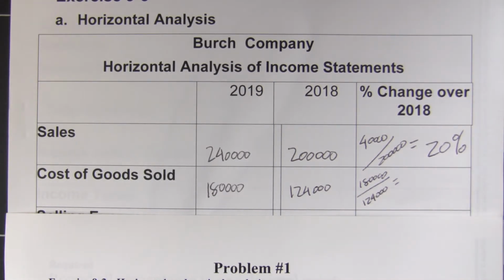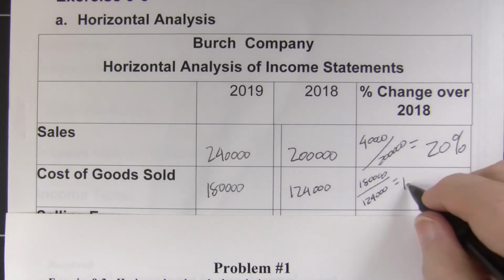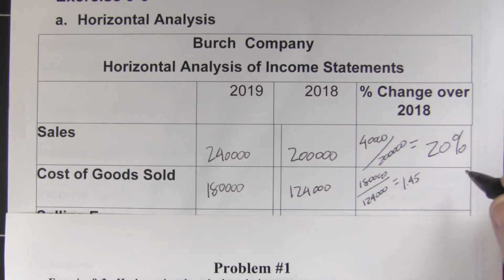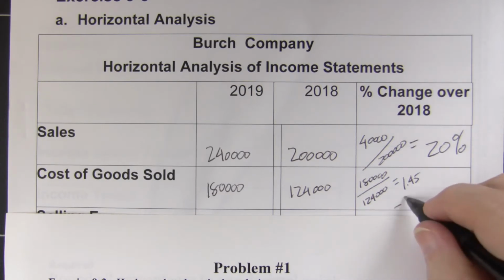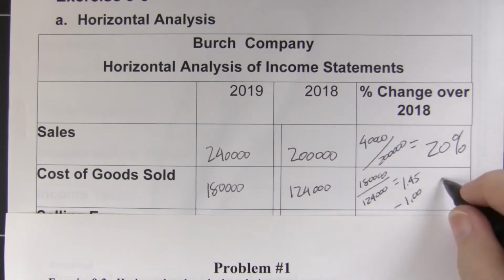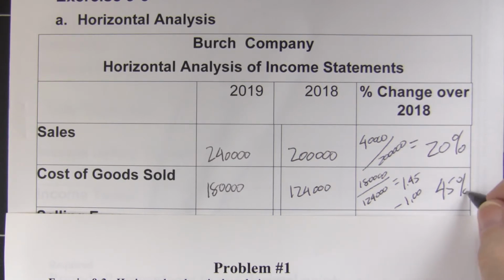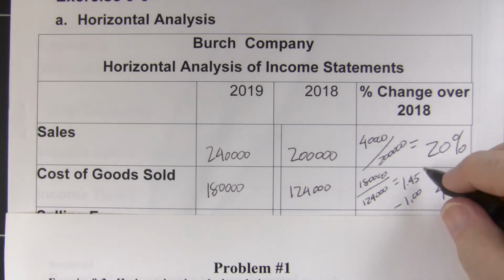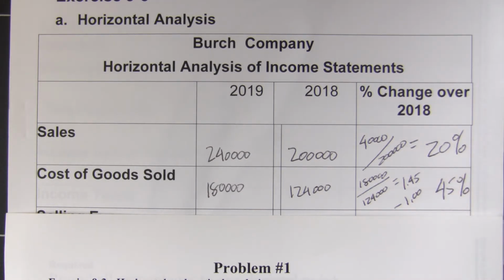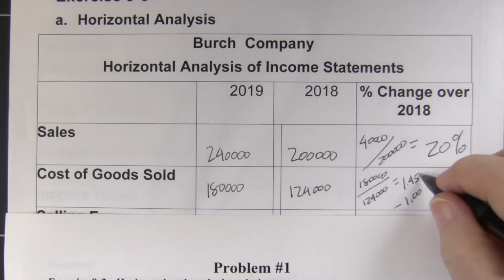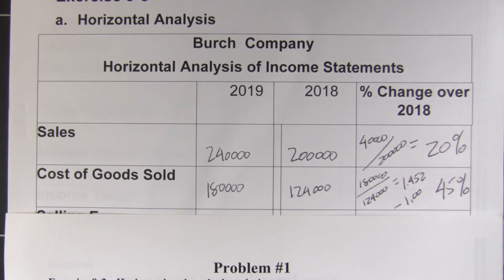And when we do that, we come up with 145. Subtract 1. And we come up with 45.2%, because that's really 145.2. I just wanted to leave off the 2 to make the number easier to read. Either method that you like.